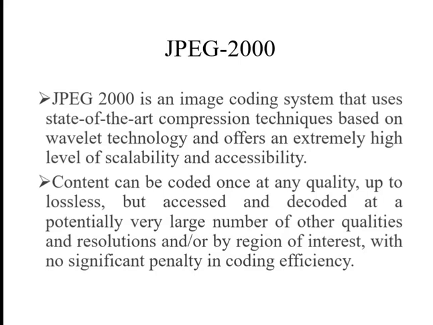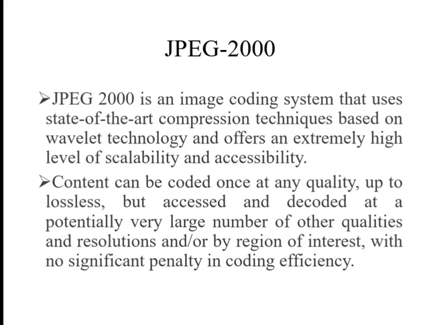The standard supports up to 16,384 components with dimensions running into the thousands of terapixels and precisions as high as 38 bits per sample, with or without tiling, and with a variety of interchangeable data progressions and random access capabilities.